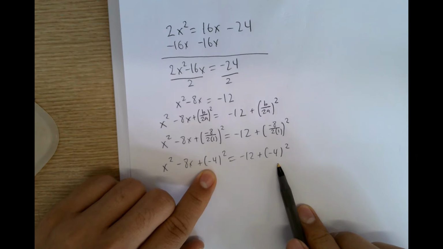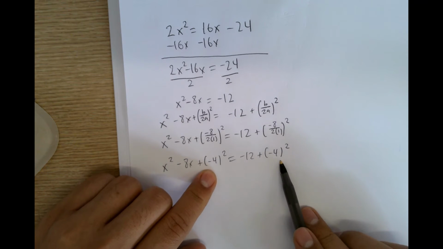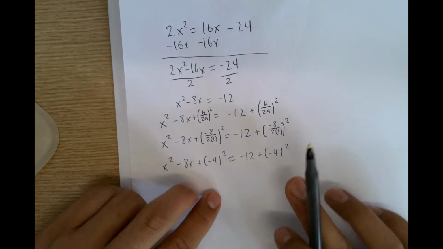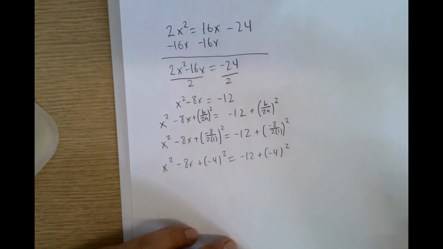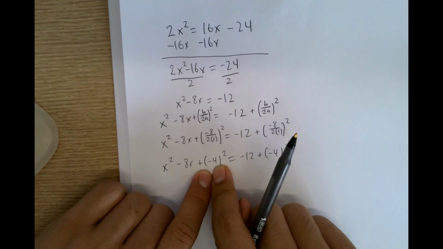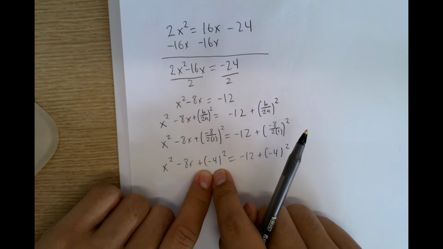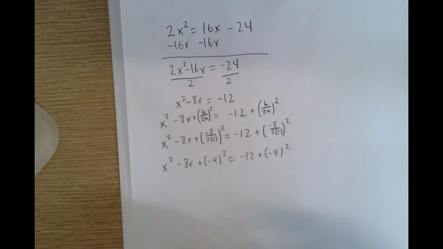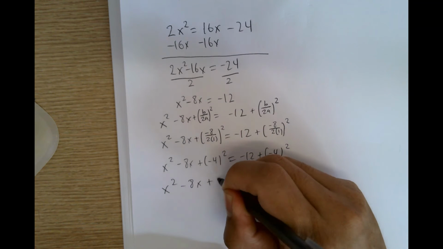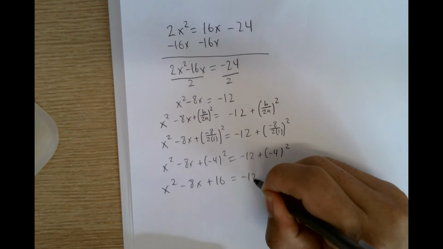This is what we call zero sum, to make sure that you're adding 0, or both sides of the equation are still equal to each other. Okay, so this number in here, you want to remember because it is going to be very important. So this is going to become x squared minus 8x plus 16 equals negative 12 plus 16.